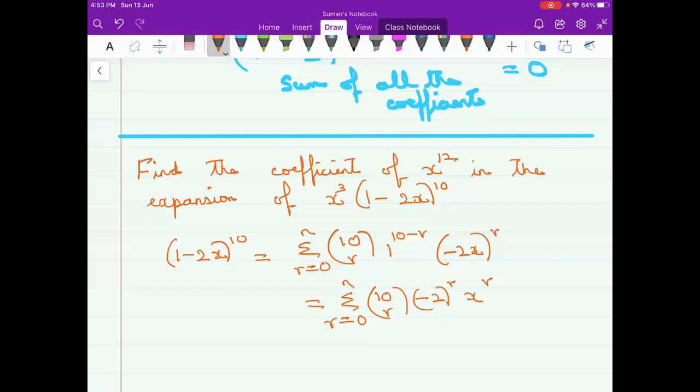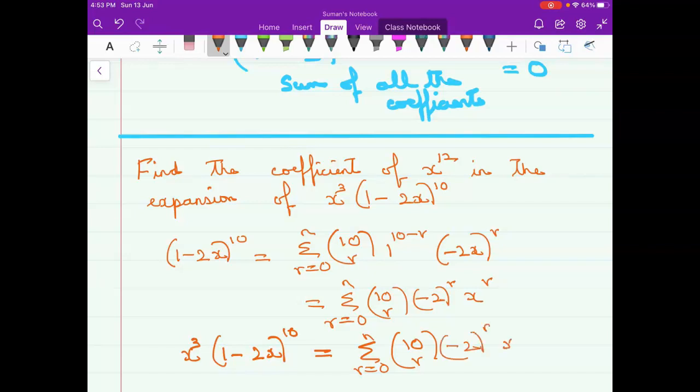Now we will multiply by x cubed here. So x cubed into 1 minus 2x raised to 10 is summation r taking value 0 to n, 10CR, minus 2 raised to r, x raised to r into x cubed.